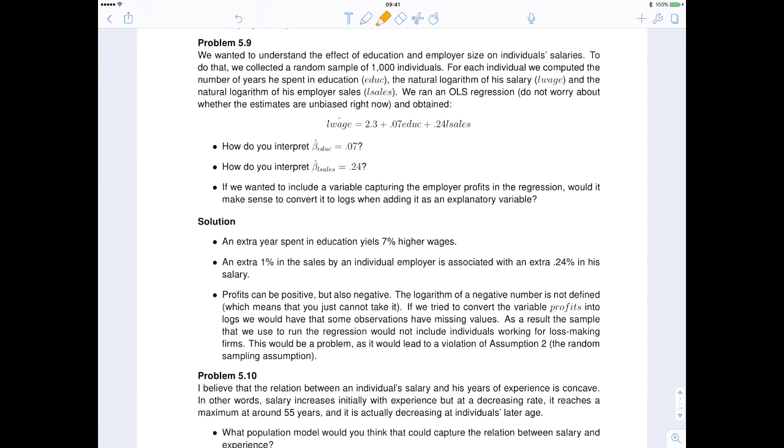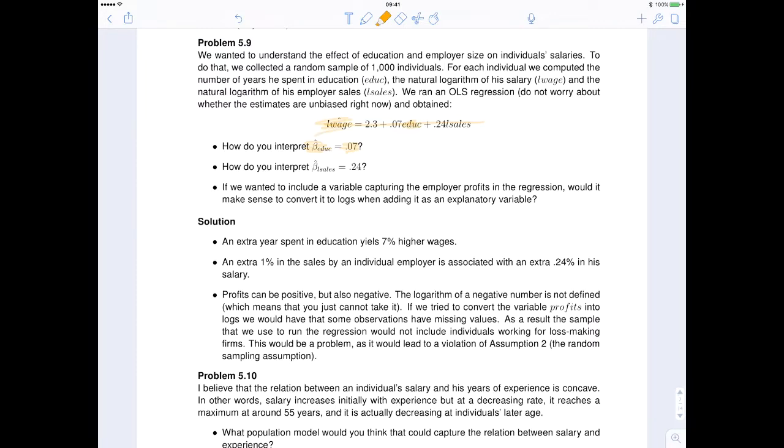5.9. We want to understand the effects of education and employer size on individual salaries. So we got to here. How do you interpret beta hat education of 0.07? This is a purely interpretation type thing, right? In this particular situation, education is in units.